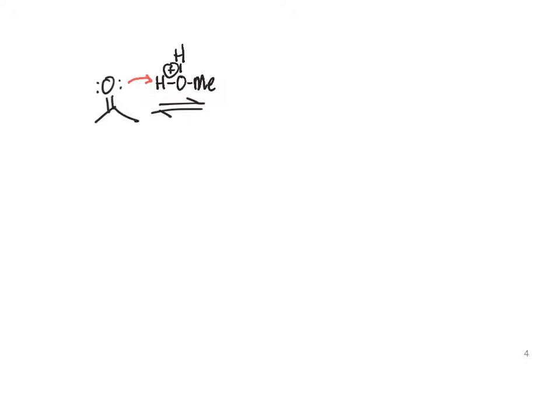So the first step in the mechanism is protonation of the carbonyl, which produces this oxonium ion. What that does is convert the weakly electrophilic acetone into the strongly electrophilic protonated acetone.